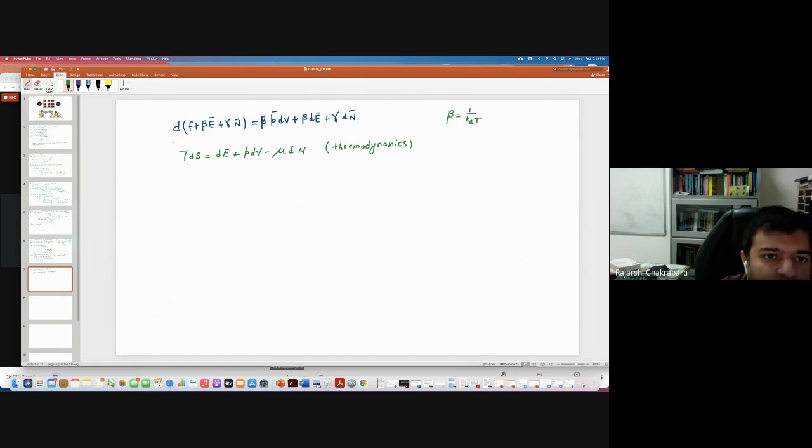If beta is 1 over kBT, actually what I can do is multiply both sides by kBT. Because beta is 1 over kBT, I just multiplied both sides by kBT, so this will become 1, no?